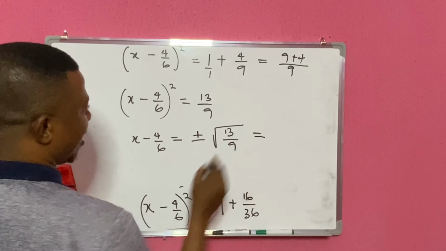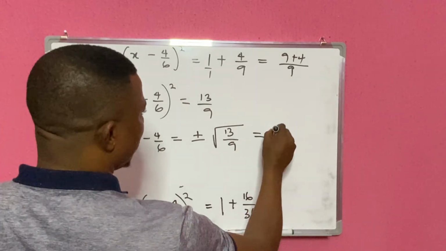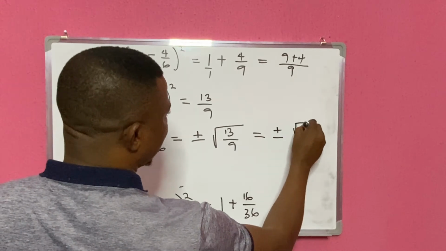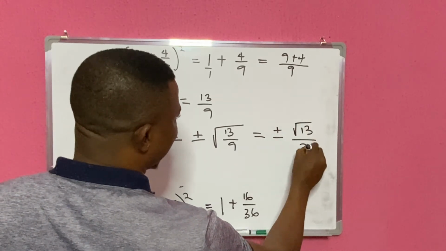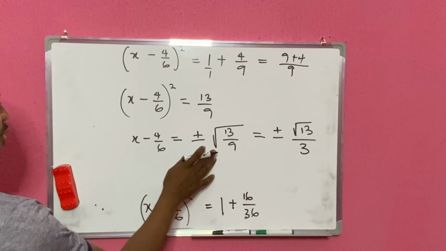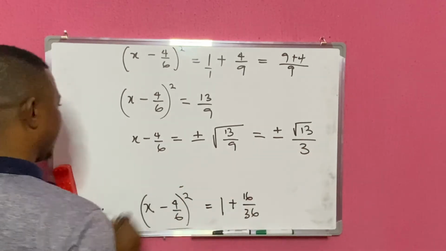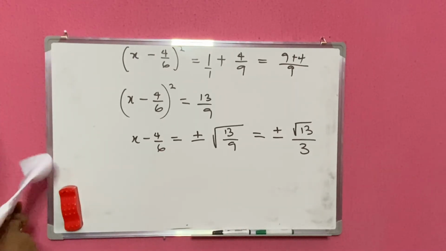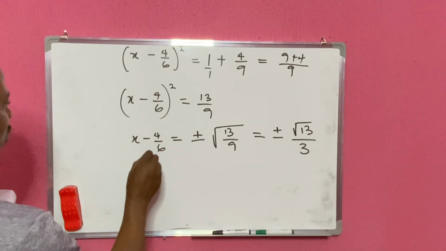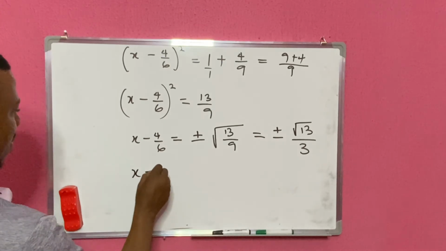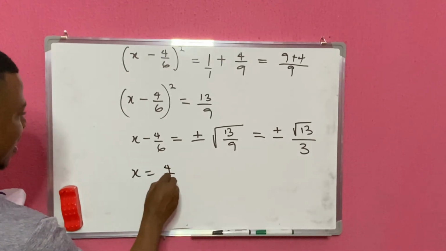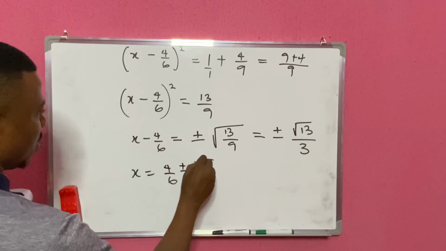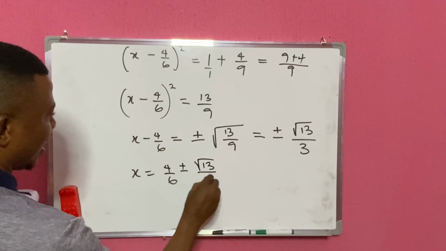Remember, this is plus or minus square root of 13 over 3 because the square root of 9 is 3. x becomes, when I move this to this side, 4 over 6 plus or minus root 13 over 3.